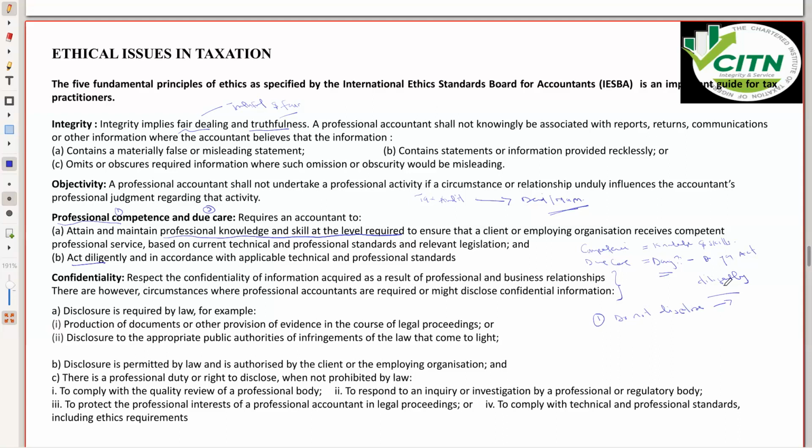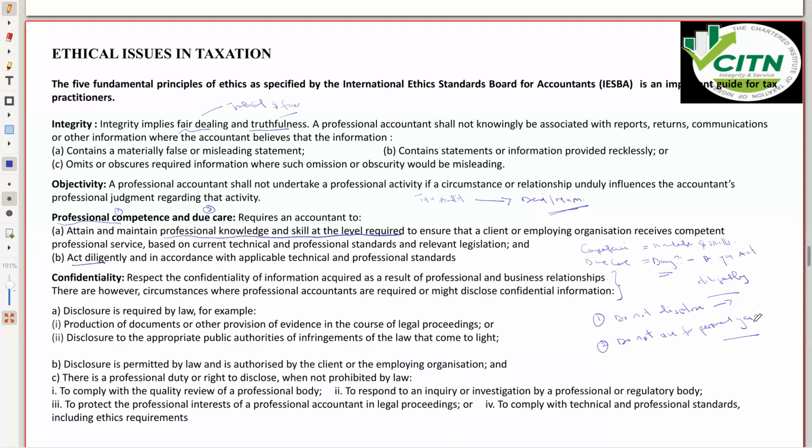That would be a breach of the confidentiality principle. So do not disclose. Second key of confidentiality is do not use for personal gain.